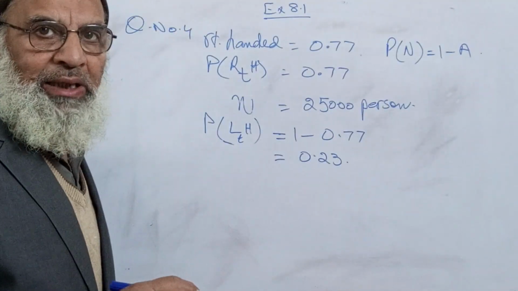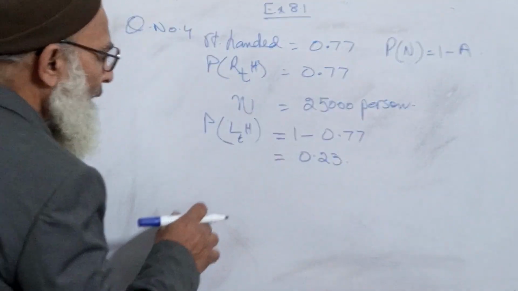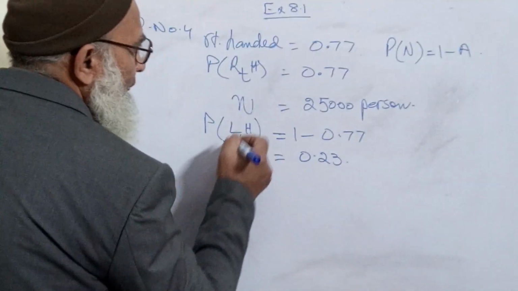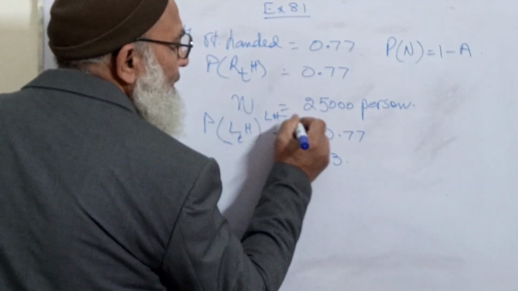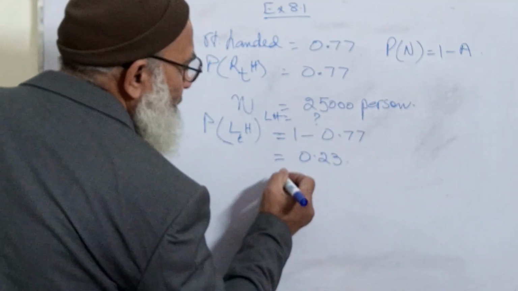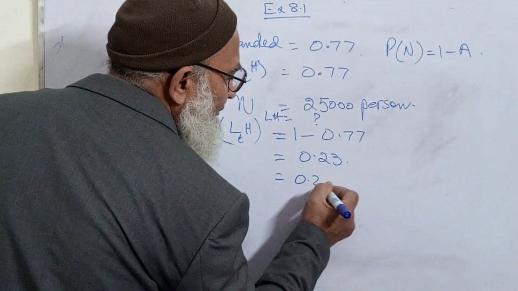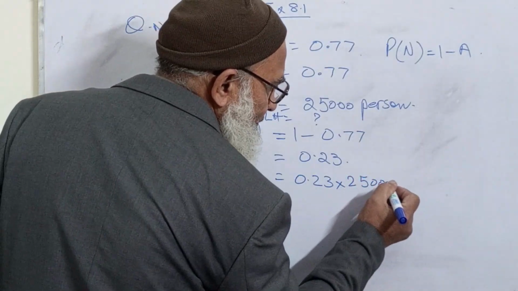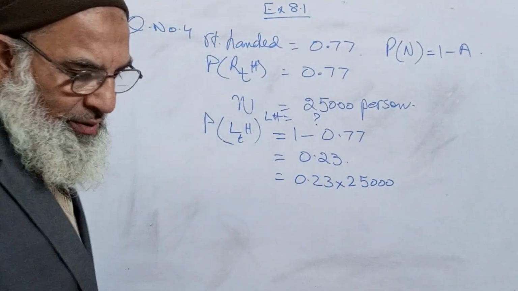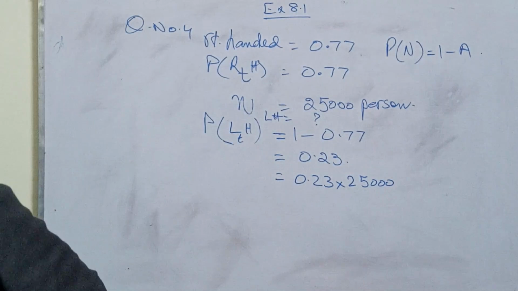So it is asked how many are the left-handed persons. The question here is how many are the left-handed persons is equal to this. Okay, so it is simple, you just multiply this figure with 25,000. Just multiply this with 25,000.